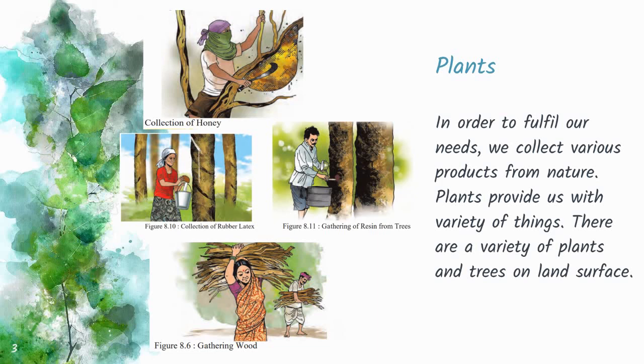There are various plants on land surface. Plants are broadly classified as grass, herbs, shrubs, and trees.